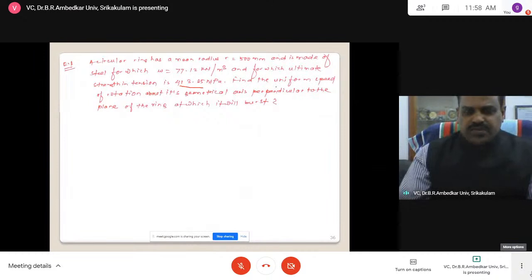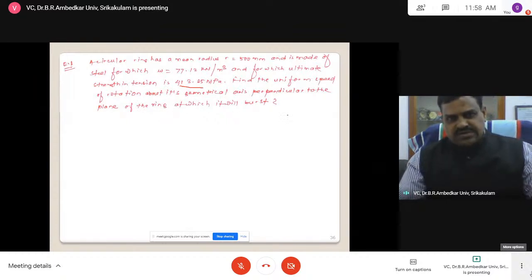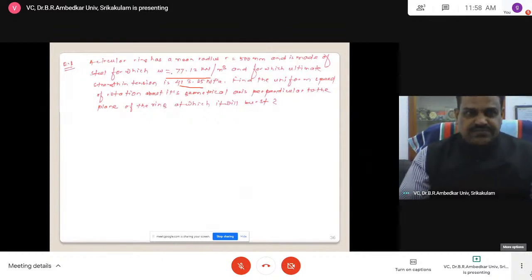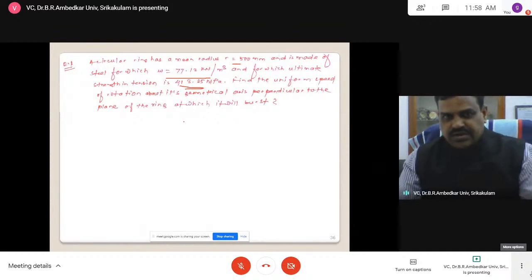Find the uniform speed of rotation about a geometrical axis perpendicular to the plane of the ring at which it will burst. Okay, this is the angular velocity, this is the weight density, Newton per meter cube. The mean radius r is given, tension is 41.85 megapascal. That is the given data.